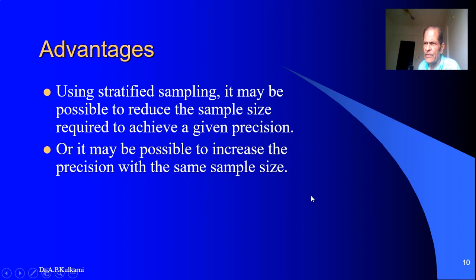If you are drawing it by random sampling, and you are comparing the measurement of the same variable by stratified sampling, then for stratified sampling we will require comparatively fewer individuals. Or it may be possible to increase the precision with the same sample size. So if you draw the same number of individuals, males and females, from the population, the precision will be more in case of stratified sampling.